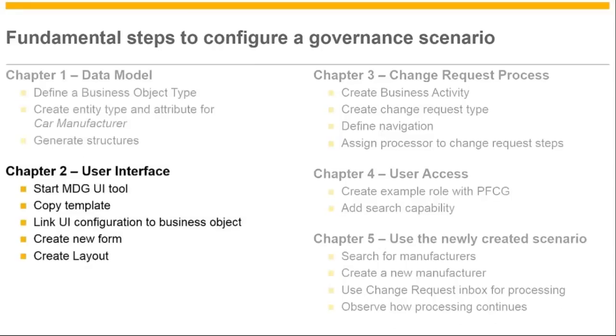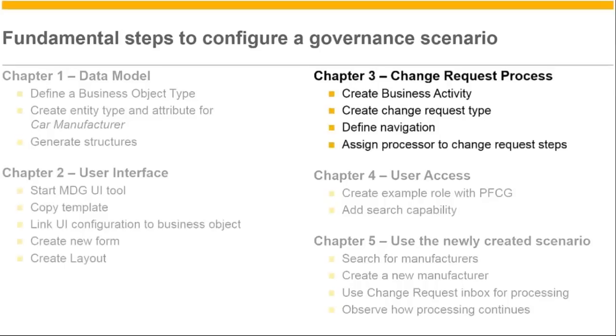Using some UIs, we'll read and push the data into those staging tables. Using chapter 3, we will create an approval process scenario, because the MDG UI is available now and we need to build a process on those UIs.